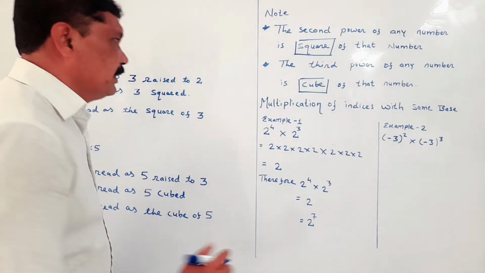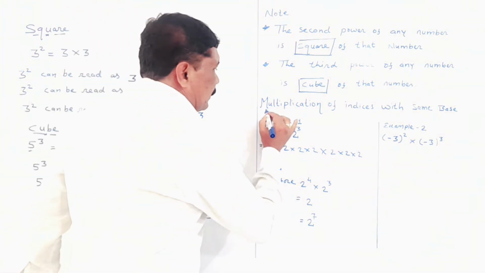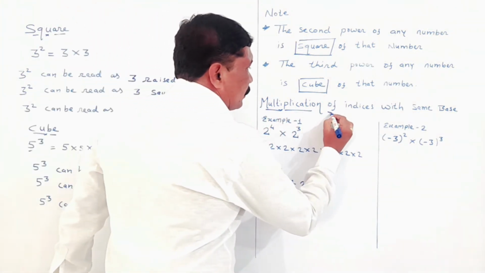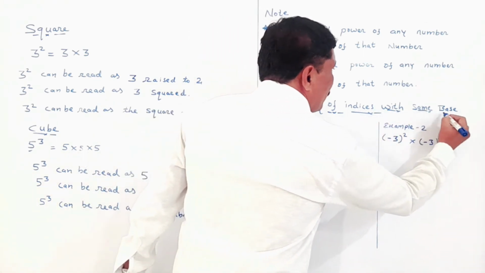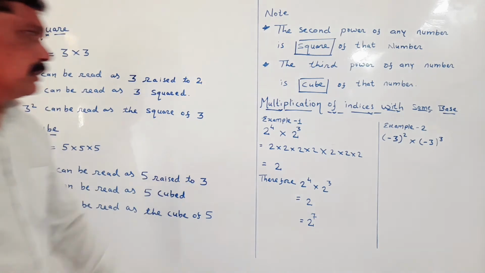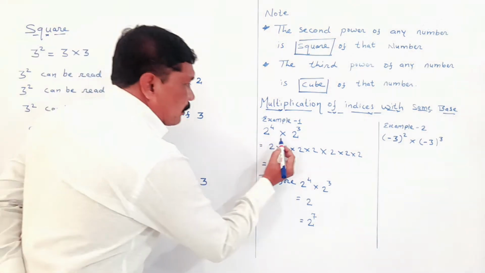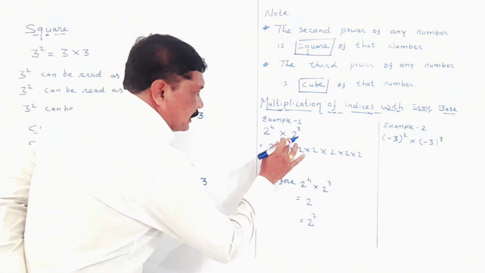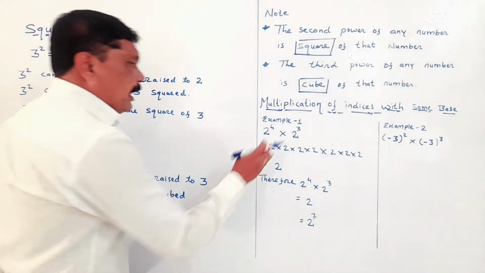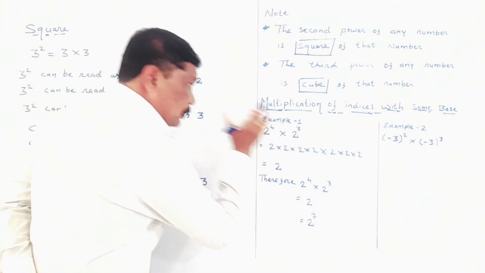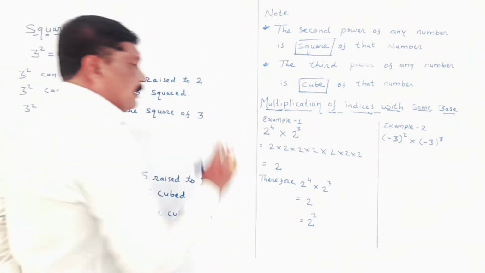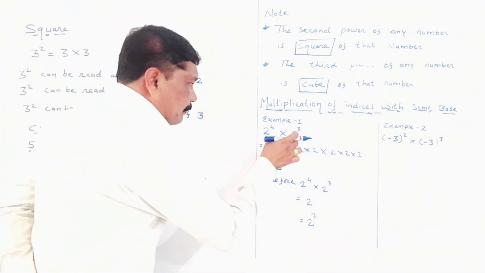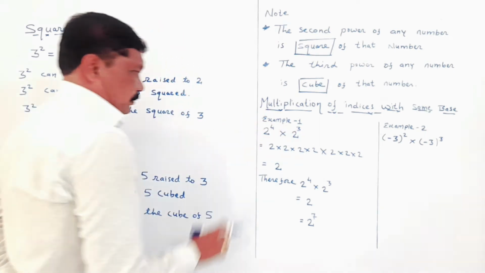Now my dear student, here we are going to study multiplication of indices with the same base. The example is given to us. Here, my dear student, there is a multiplication sign. Here, there are two indices given which have the same base. And here, the base is 2.